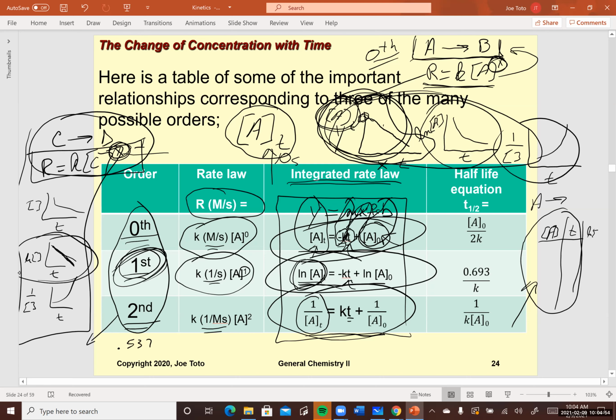I call that the tabular method, or the method of initial rates, where you find the initial rate for a whole bunch of experiments, and then you use that ratio of rate laws, or you can use the eyeball method to get X. This graphical way, using the integrated rate law, is a second way to determine the order dependency. Does that make sense?